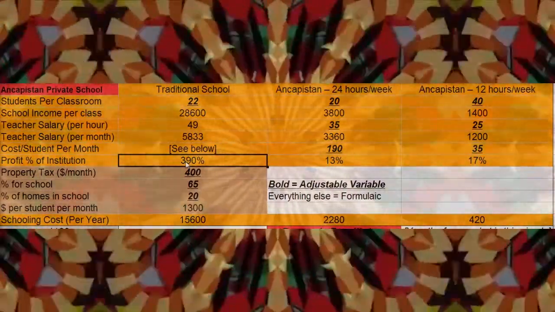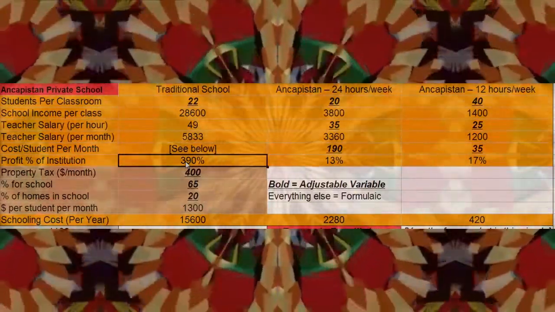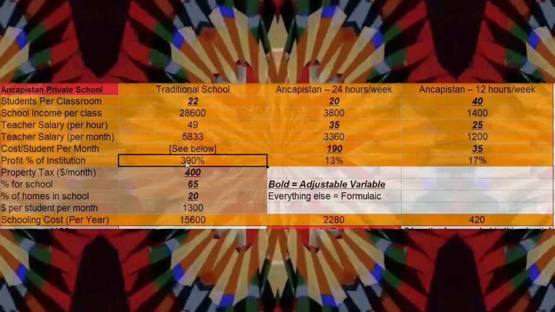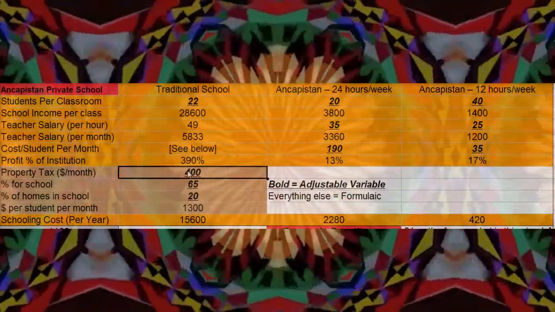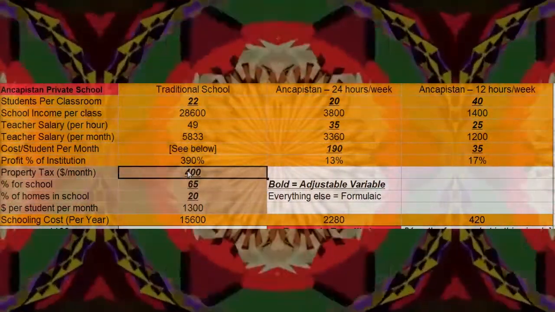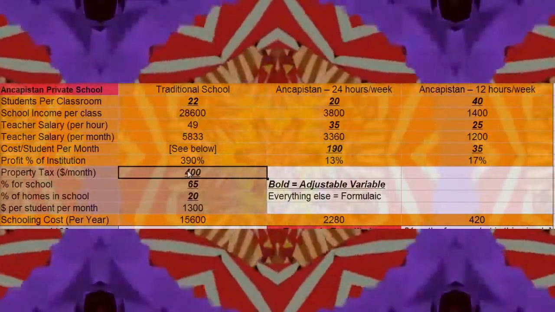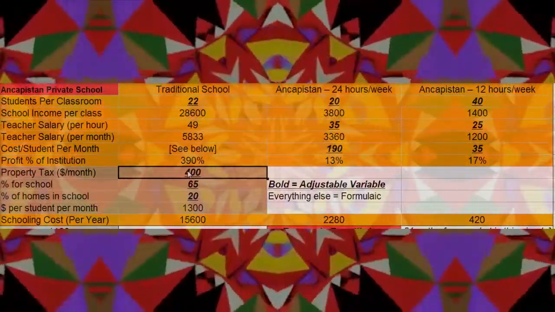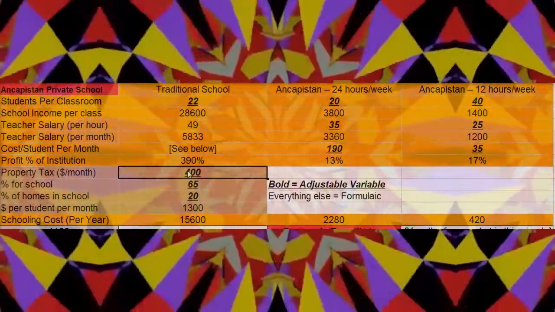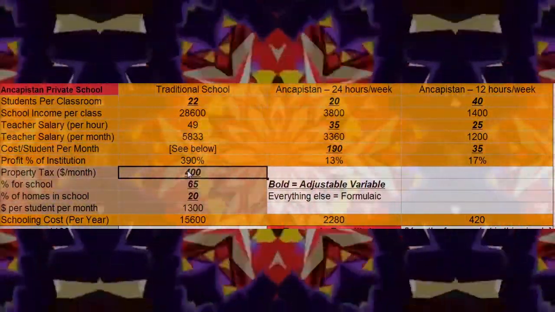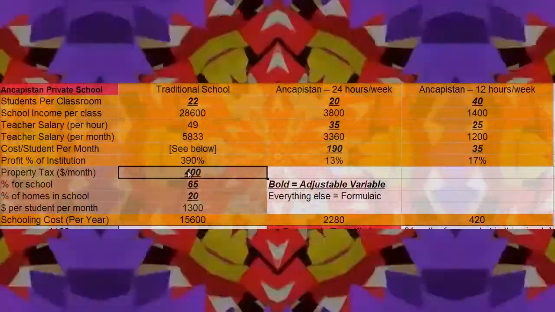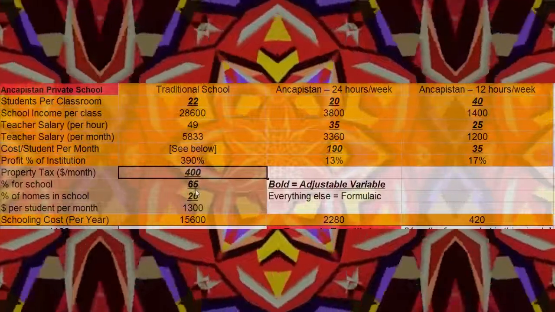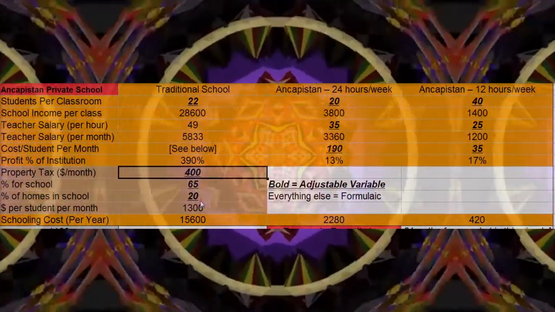Now remember, just because it is a quote-unquote public institution does not mean it doesn't make a profit. In fact, that often means that it makes a massive, massive profit, because public institutions generally are not subject to market forces, and they obscure their pricing and their revenue through an intermediary and through the taxation system, much like this obscures the true cost of schooling.